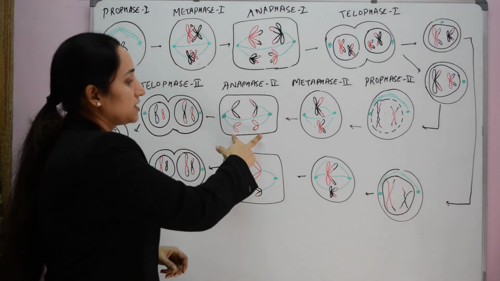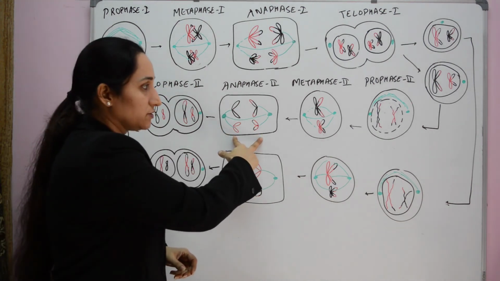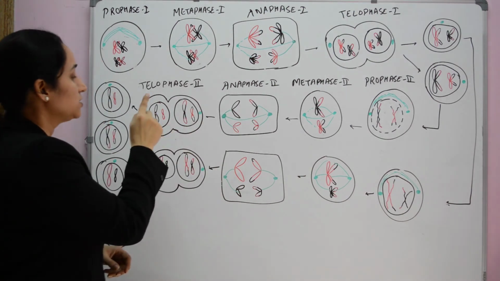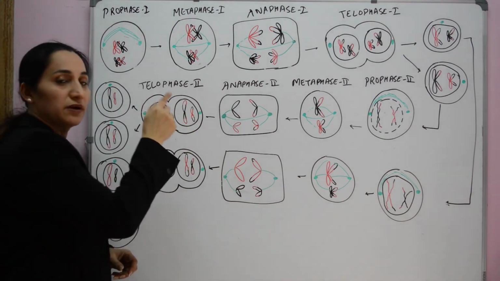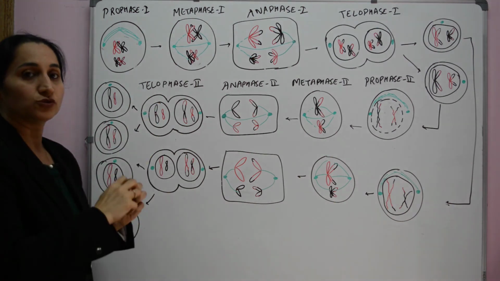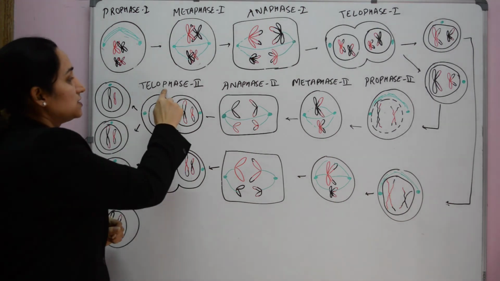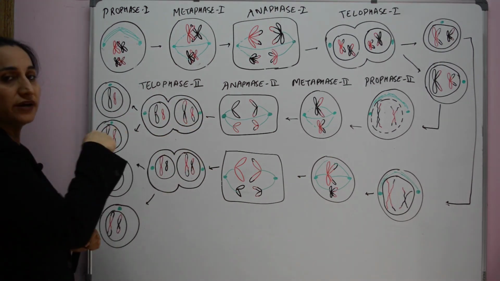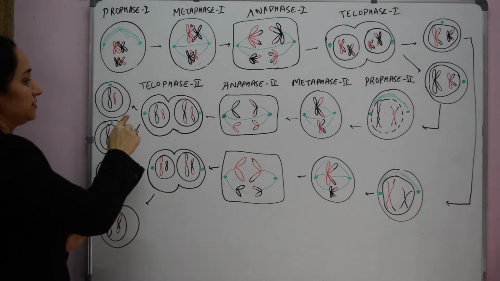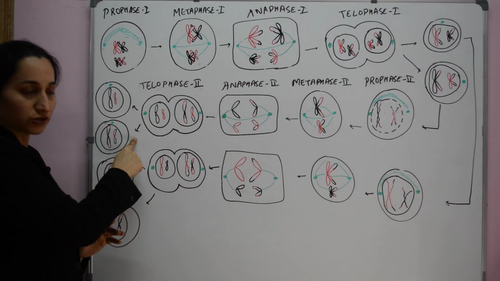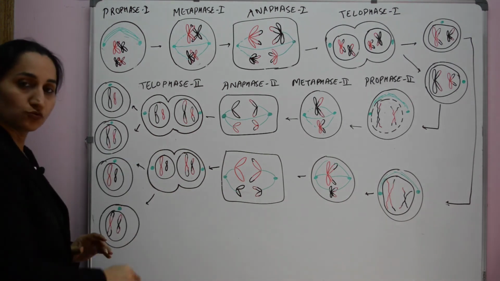Here the chromosomes are on the opposite poles, right? Then comes Telophase II. In Telophase II, the nuclear membrane reappears, the microtubules have dissolved, and the cell has a furrow inside. After this, the cytokinesis will happen again, and this will give rise to 2 daughter cells, and this will give rise to 2 more daughter cells.